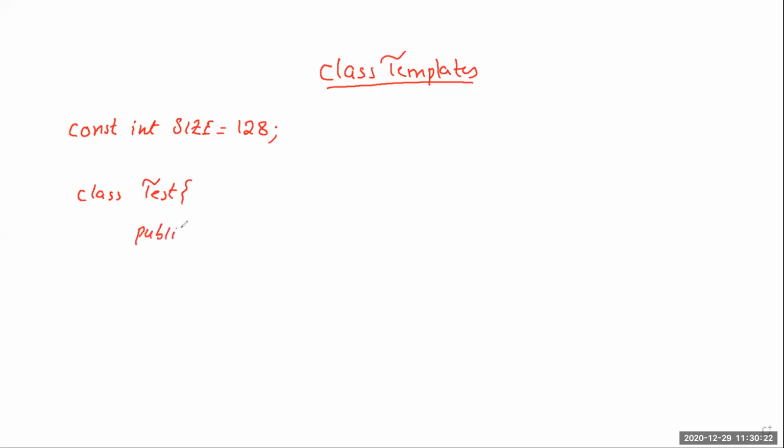So it will have some member functions, it will have some data. Now within the class, suppose I take an integer array and then I write size here. So this is a class. We have an array as a data member.